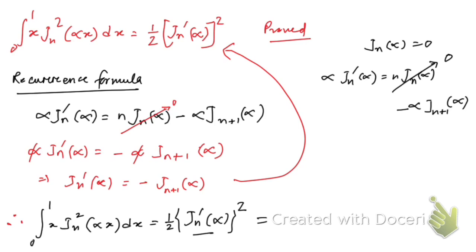So if we do so, then we have half of minus Jn plus 1 alpha this whole square. As we have square here, this minus will be plus, right? On squaring this minus, this will be plus. So this result will be of this form, Jn plus 1 alpha. That's it. That's what we have got. This is to prove.